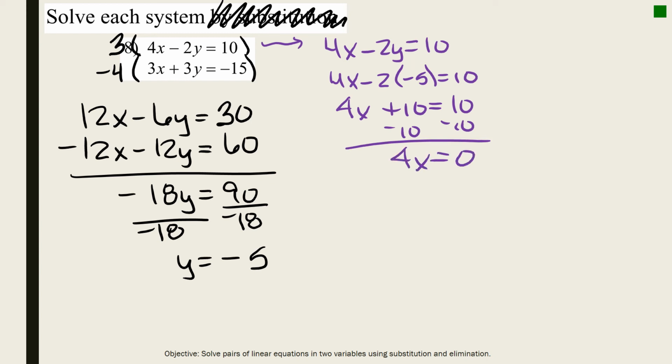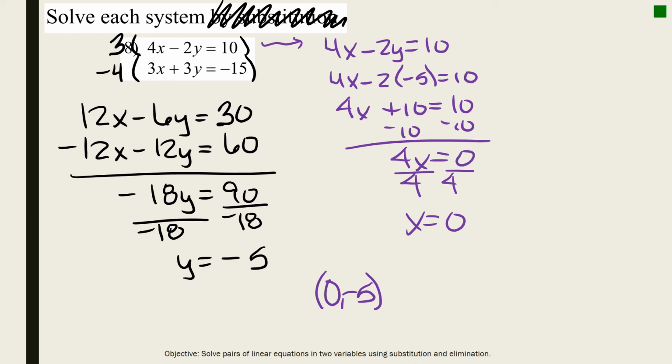I can't tell you how many people now say no solution, because 4 doesn't equal 0. But remember, the first thing is there's no variables left. I have a variable. So I'm going to divide by 4 and find out x is 0. Because if the 0 is on the top, then a 0 is what you got. So my solution is 0, -5.